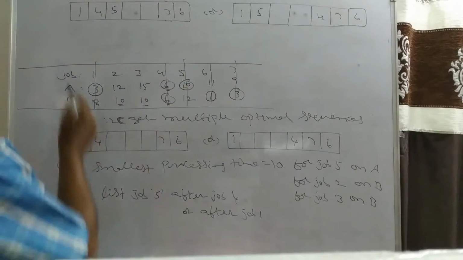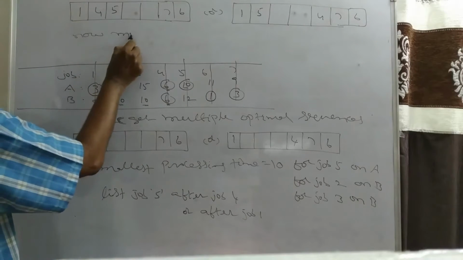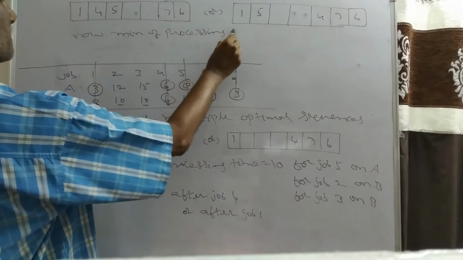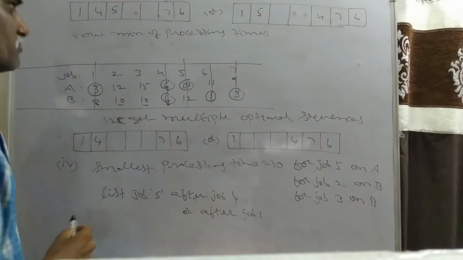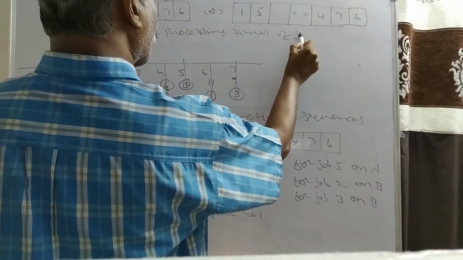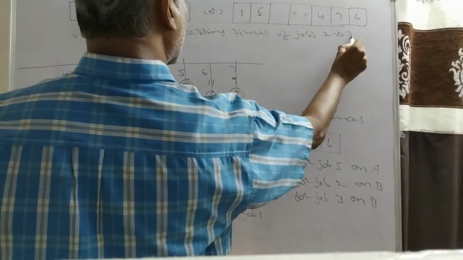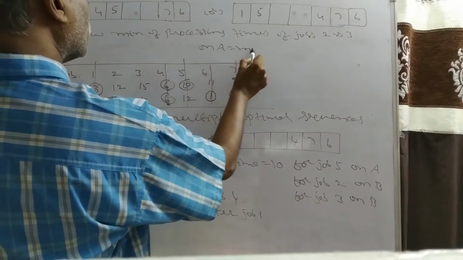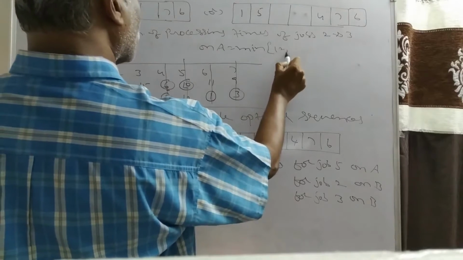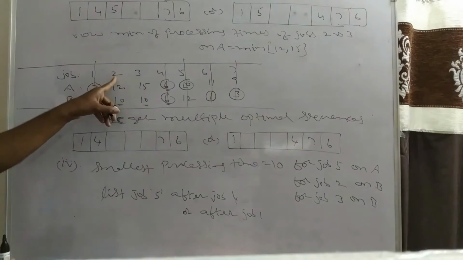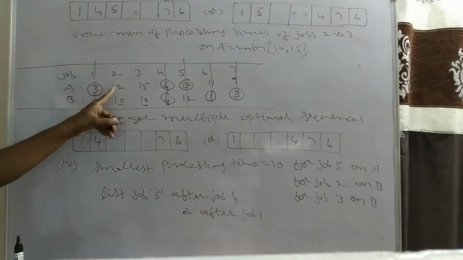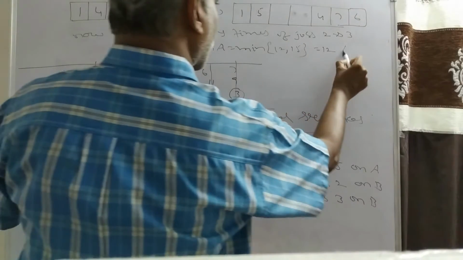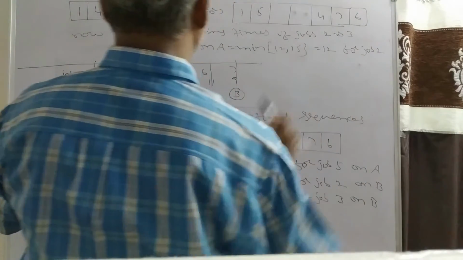Right. Now, the minimum of processing times of jobs 2 and 3 on A is the minimum of 12 and 15. So the minimum is 12 for job 2.